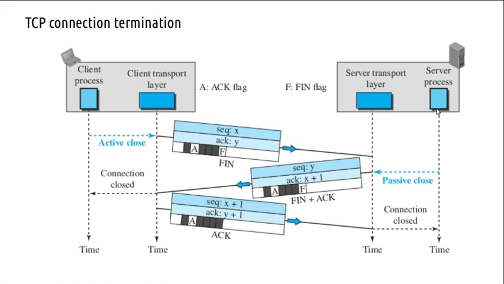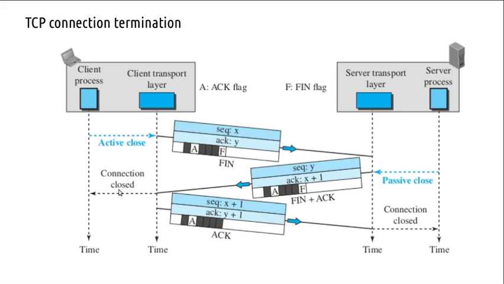It will inform the server side application layer program, and a passive close request will be issued and a FIN plus ACK segment is sent. This might also contain some data which is to be sent in this direction. This is acknowledgement for x plus 1, that is, the next sequence number expected is x plus 1. And this also contains a sequence number, y.